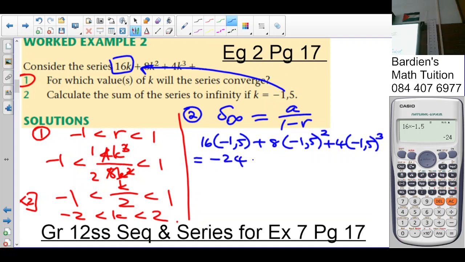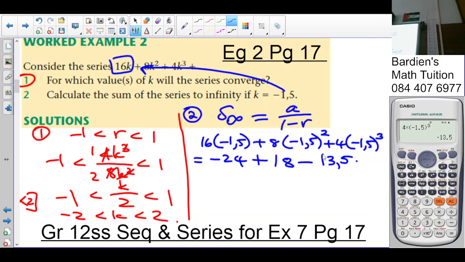The next one is going to be positive: 8 multiplied by negative 1.5 squared. It's going to be 18. And of course the next is going to be negative: 4 multiplied by negative 1.5 cubed. That gives you negative 13.5. Is that correct?